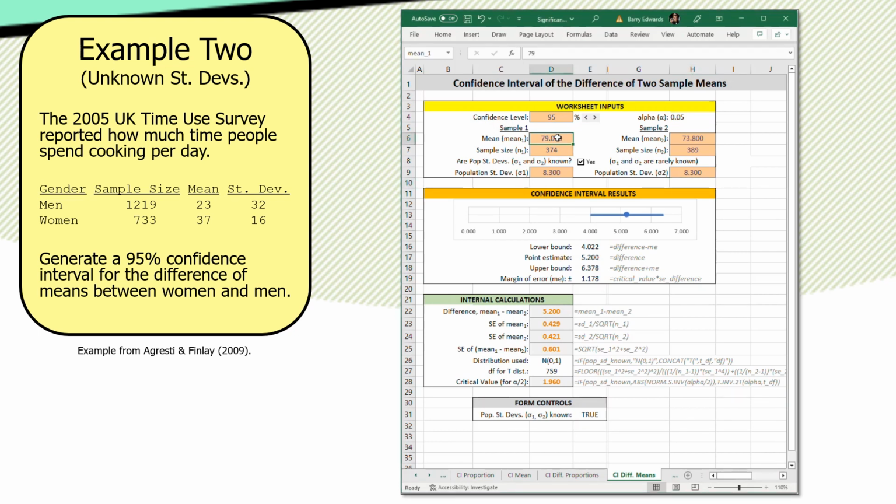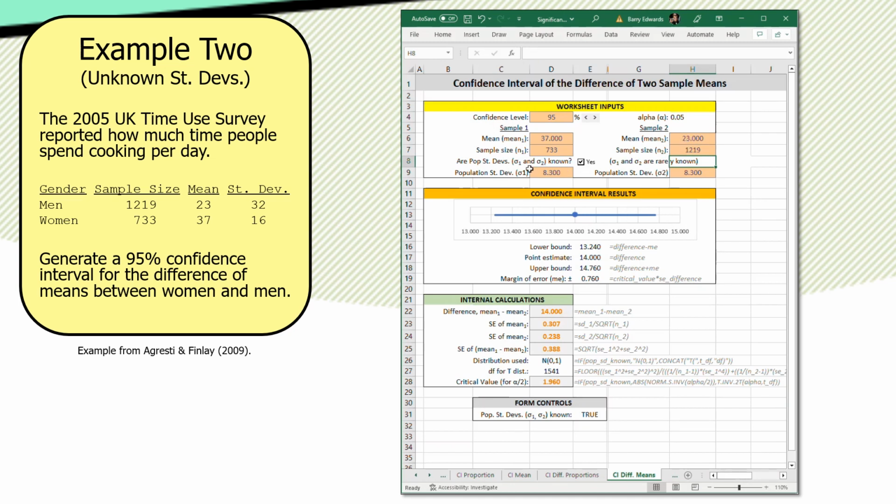So sample group 1, the women, the mean minutes is 37. The sample size 733. Let me just enter for men, a mean of 23 and a sample size of 1,219.